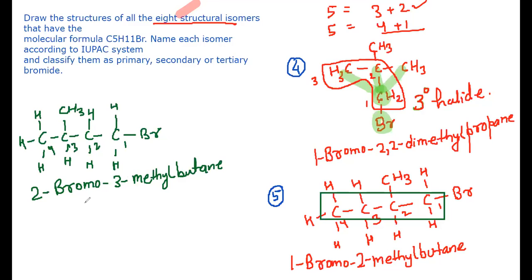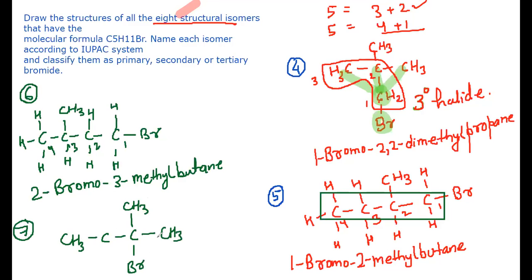Now again, this was number 6. Now the 7th one. What is the other possibility? The other possibility is CH3, C, C, CH3 here itself, bromine here, and CH3.